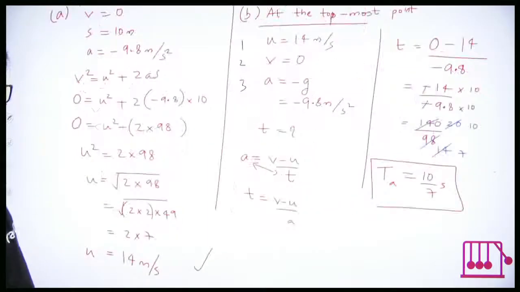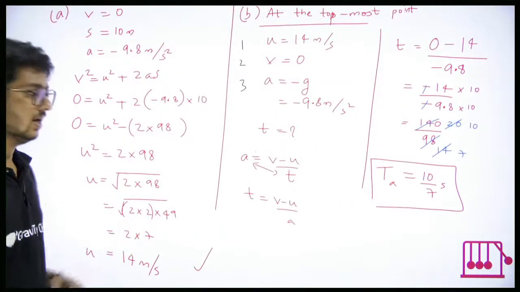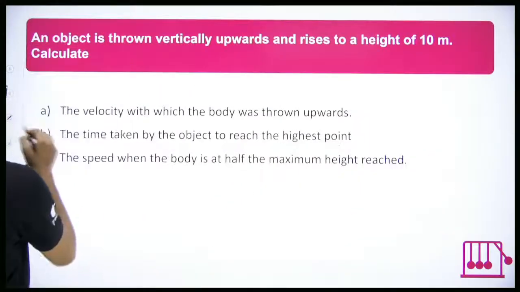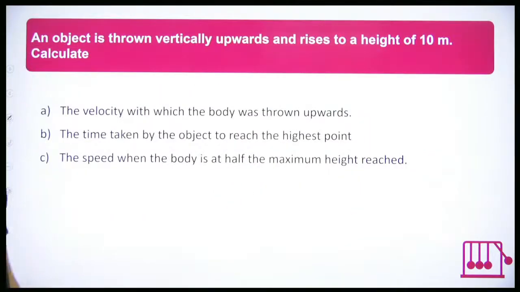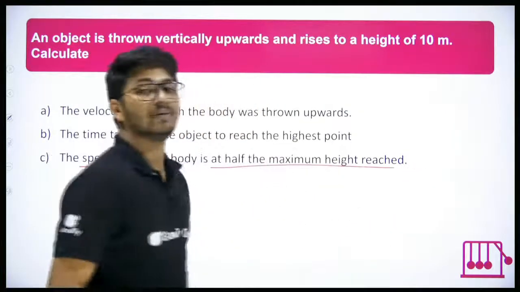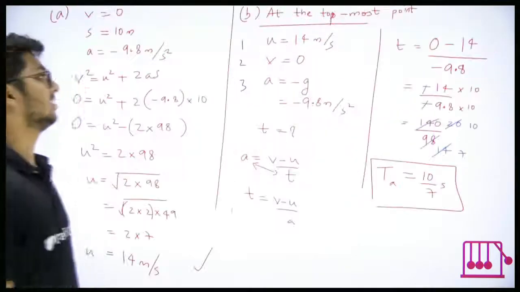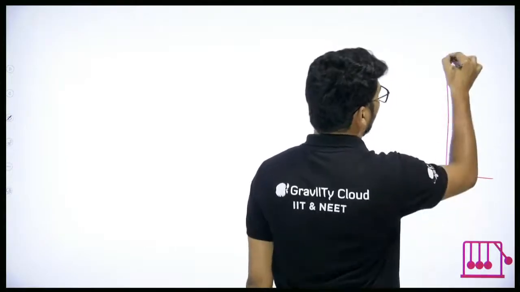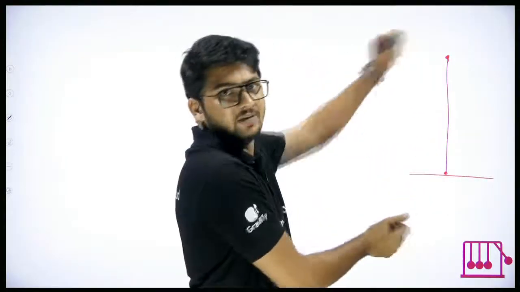Good. So we found out the initial speed, we found out the time taken to reach the topmost point. And what is the third case? The third case is the speed when the body is at half the maximum height. Understand this case. Now again we'll draw the case. Here is ground. This is the topmost point. Total height as we know is 10 meters.